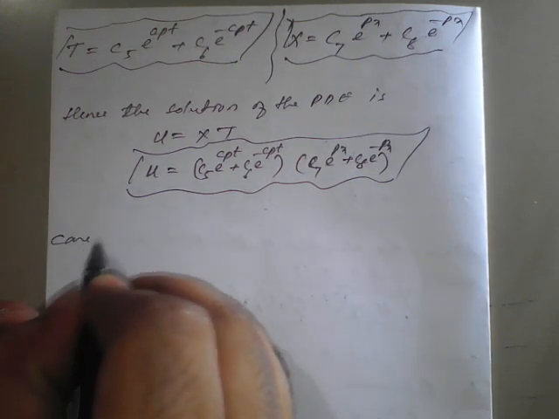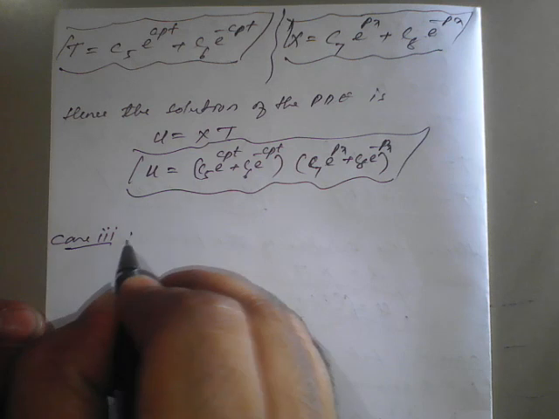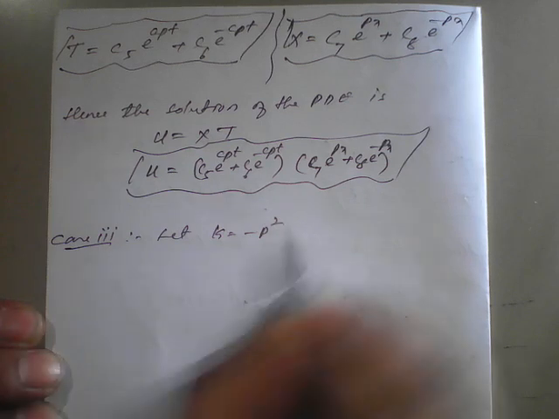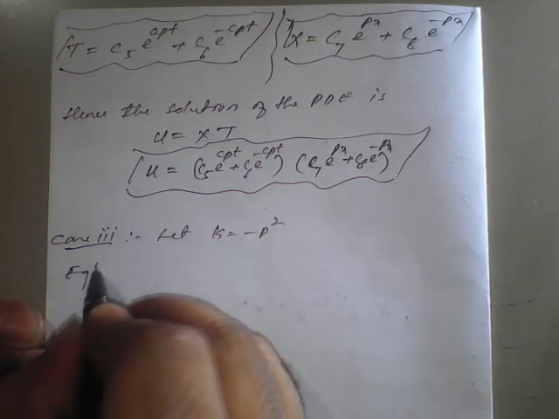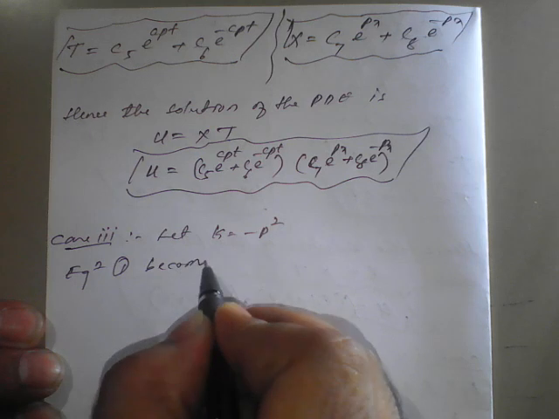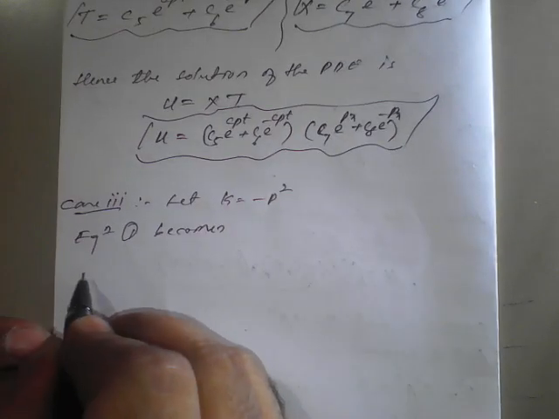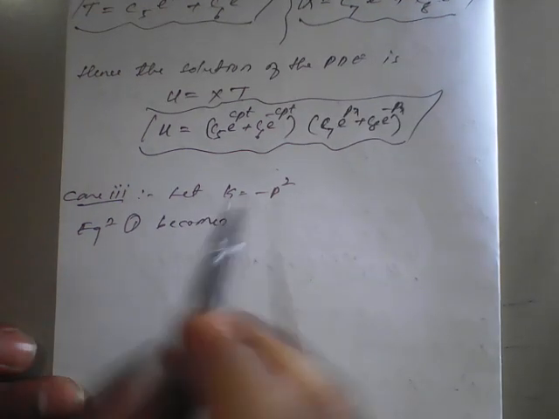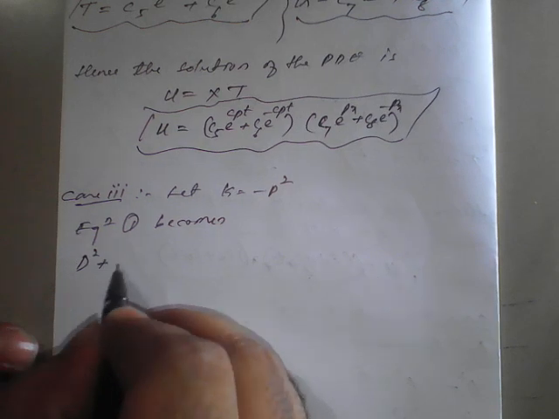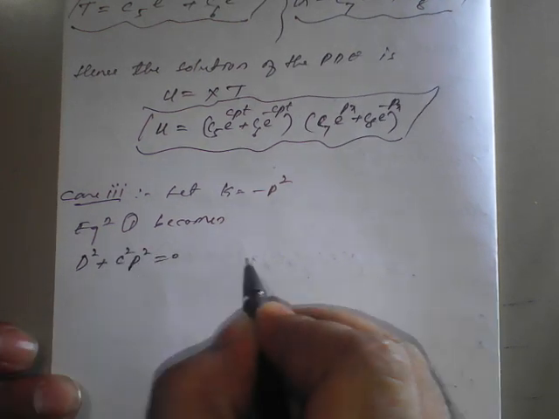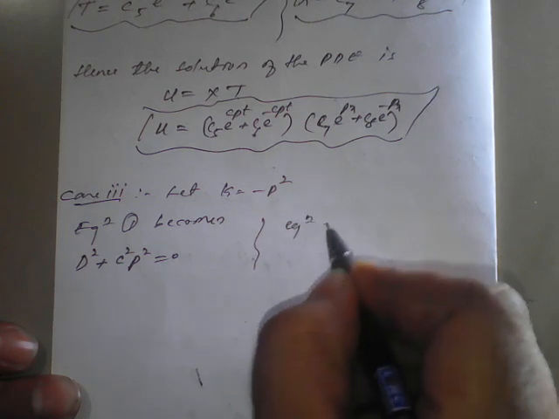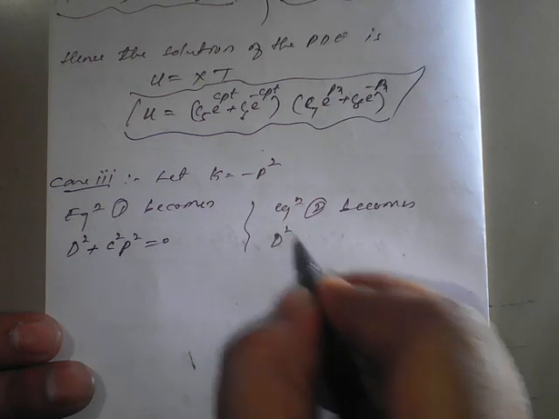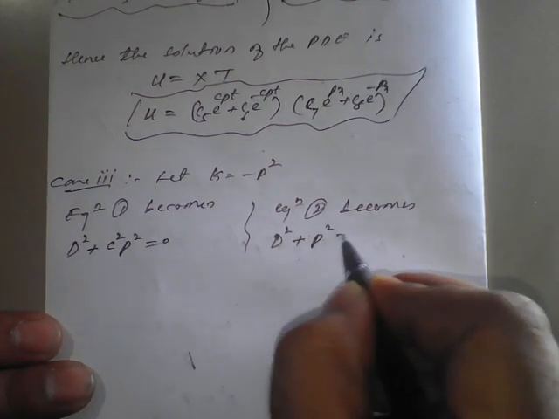Now case number 3, let k is equal to minus p square. Therefore equation 1 becomes, because of this minus sign, d square plus c square p square is equal to 0, and equation 2 becomes d square plus p square equal to 0.